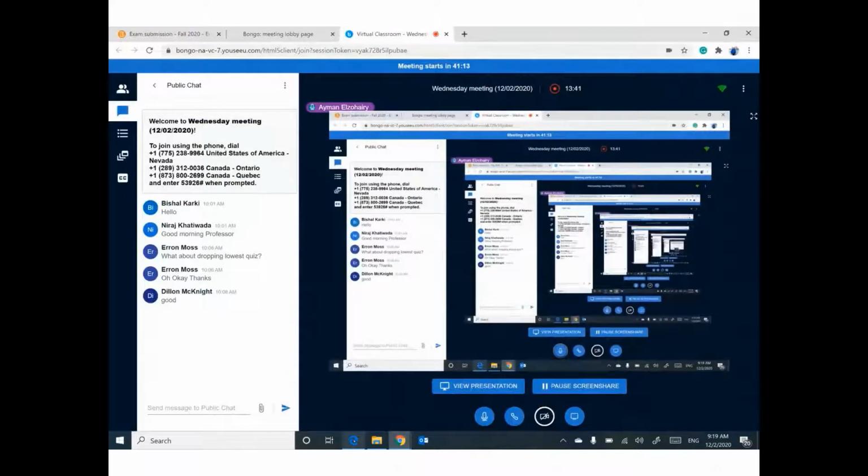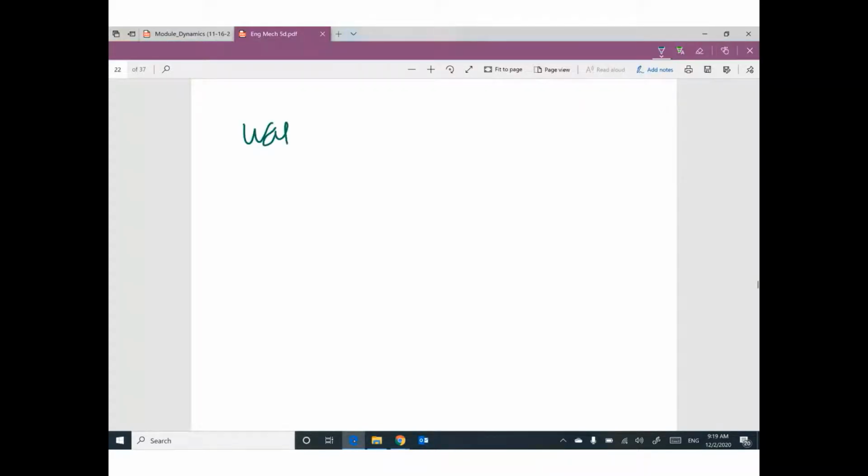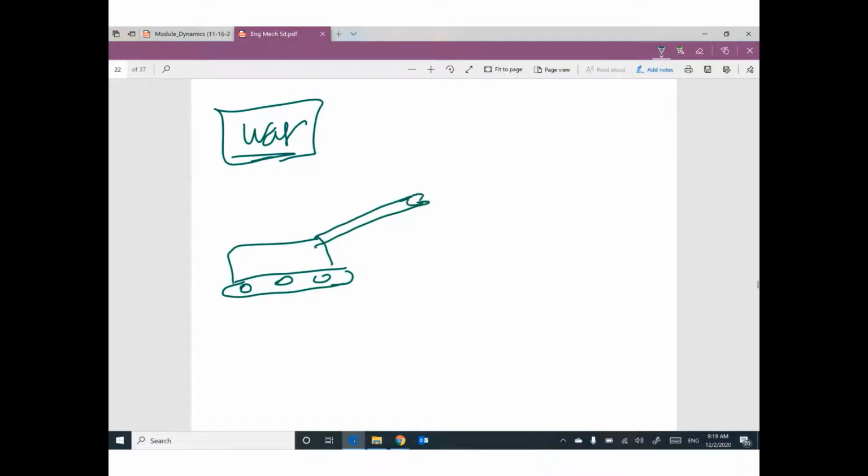Any question? Guys, if you are watching a movie about war, you will find the soldiers have a cannon, probably like this, and they are adjusting the inclined angle of this part of the cannon. That's right. So this cannon can launch the projectile with a known initial velocity.